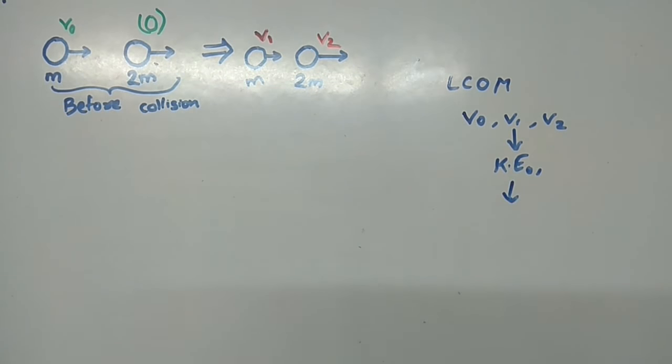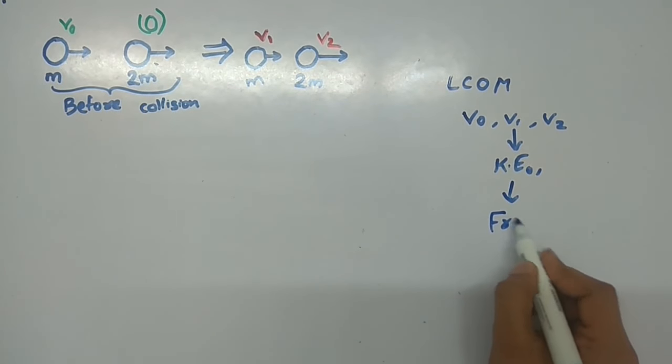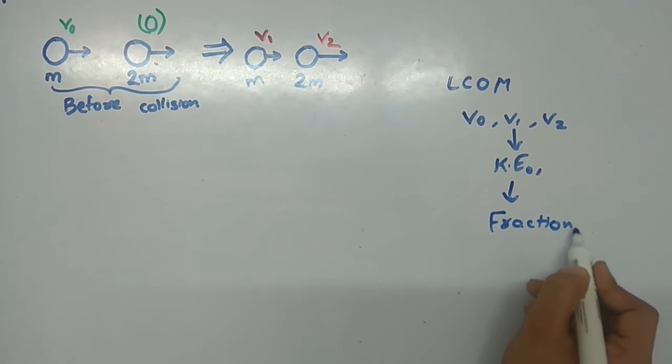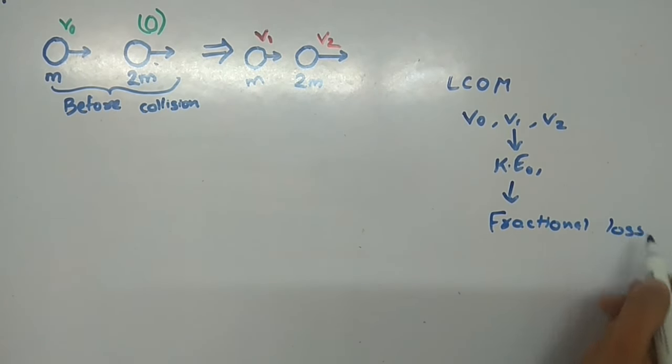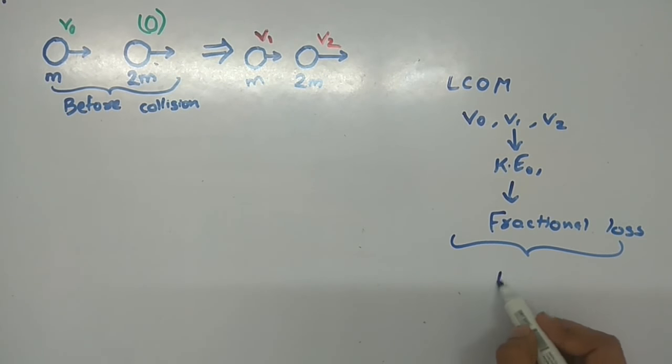Once you have found the kinetic energy, you can also find the fractional loss. First we'll do this for deuteron, and next time we'll repeat the same thing with carbon nucleus. I hope you are clear with the workflow.